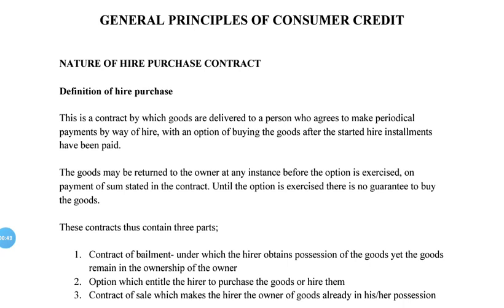So the contract of hire purchase, we discussed the nature of the hire purchase contract. The definition of hire purchase: this is a contract by which goods are delivered to a person who agrees to make periodical payments by way of hire, with an option of buying the goods after the stated hire installments have been paid.